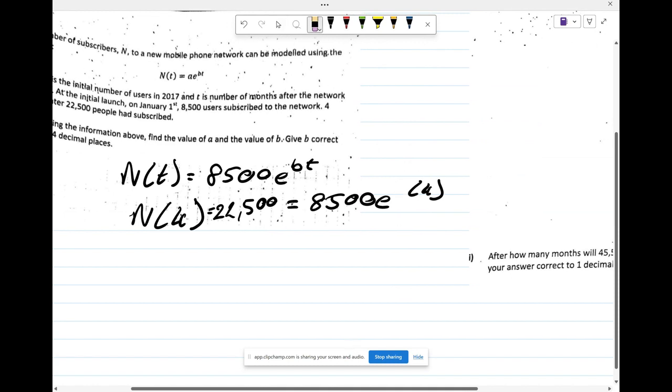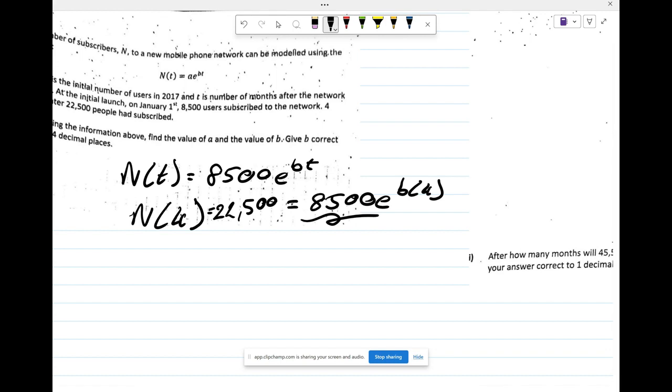Okay, and now let's see where that gets us. So we want to find b. Same thing as before, we want to get it on its own, but this time it's multiplied by 8,500. So we're going to divide across, so 22,500 over 8,500. Those zeros are going to go, and we're going to get 225 over 85 is equal to e to the power of 4b. So our b is stuck up in our e. How are we going to get it down?